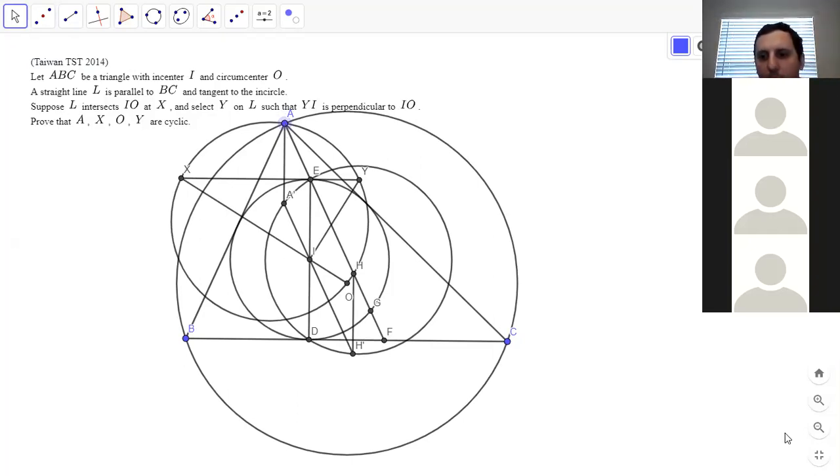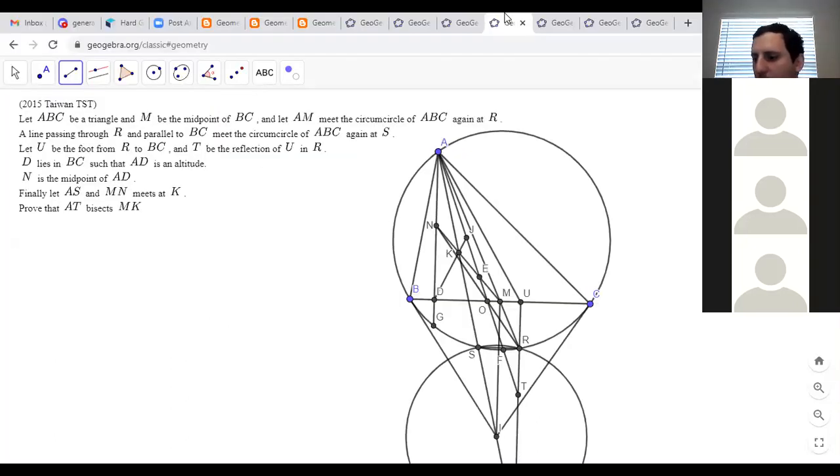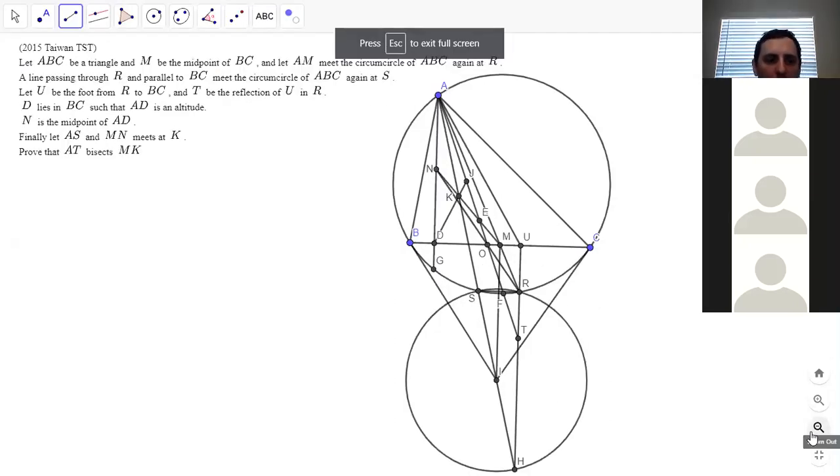All right, I'm going to go back to the last problem just for a second. But yeah, we're almost out of time. This is a hard day.